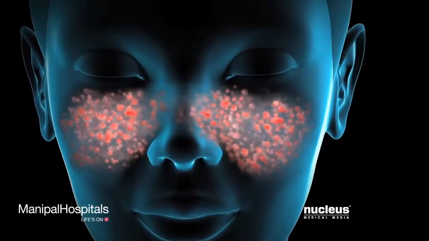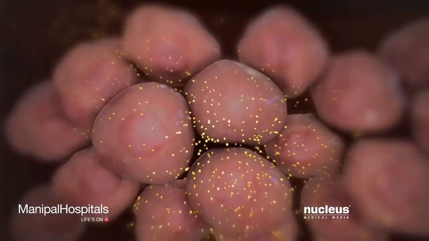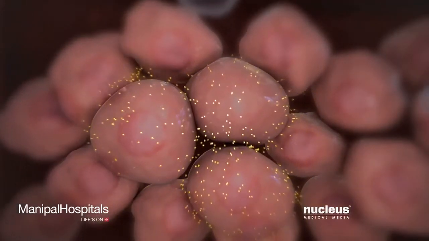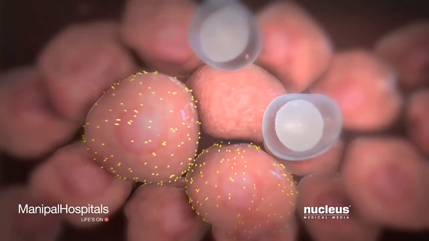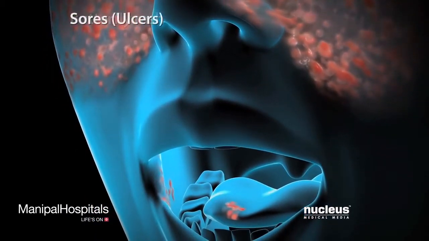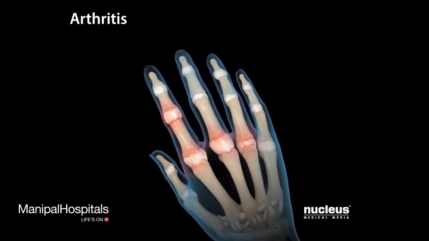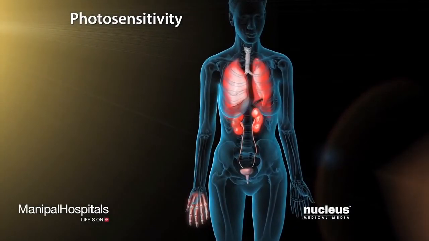In lupus, antibodies mark both foreign invaders and healthy tissues. This causes your white blood cells to attack the marked healthy tissues. Common symptoms of this disease are a butterfly rash, ulcers, arthritis, pleuritis, and photosensitivity.